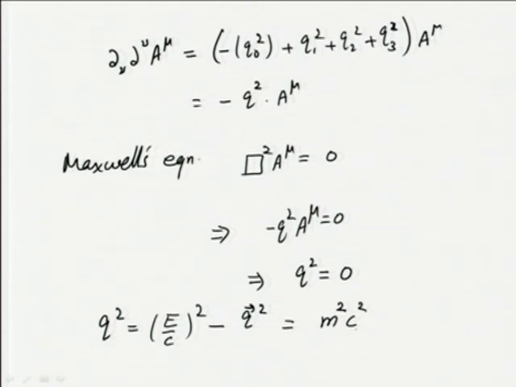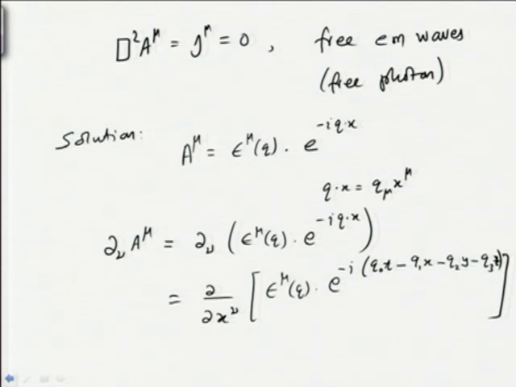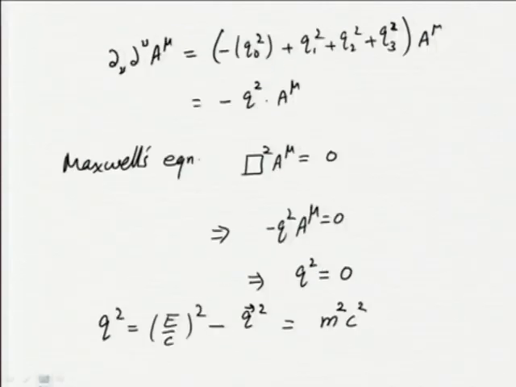As we said earlier, when we consider A^μ as representing the photon and associate a 4-momentum q with A^μ, like in this case A^μ equal to ε^μ(q) e^(-i q·x), q is then interpreted as the 4-momentum of the photon, and Maxwell's equation gave us 4-momentum squared equal to 0 for the photon.